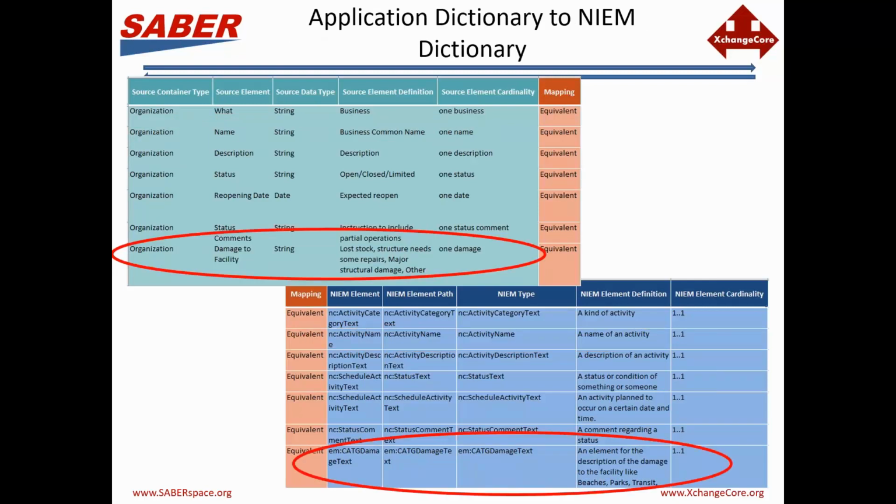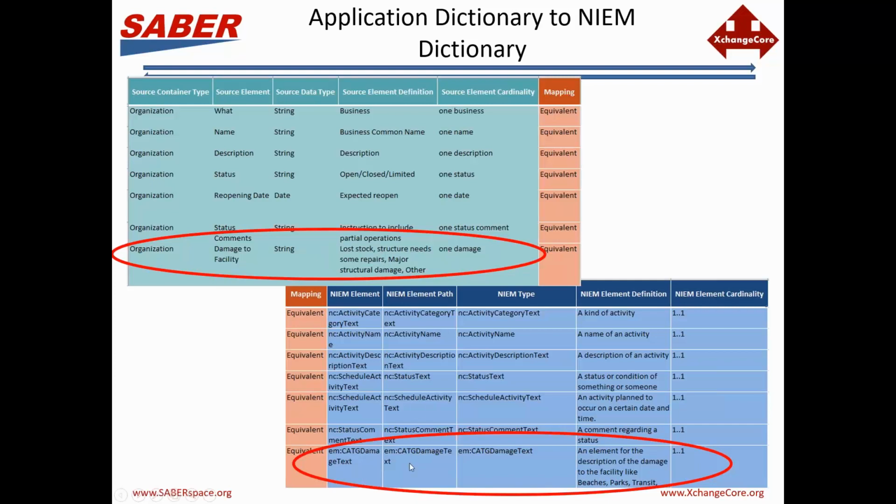Let's look at it in a little bit more detail here, because remember, these things are dictionaries. Name's easy, but what I have here in the circle now on the top is damage to facility. So what does damage to facility mean? Well, in our source element, the SABER data, that could mean lost stock, it could mean the structure needs some repairs, it could mean major structural damage or some other category.